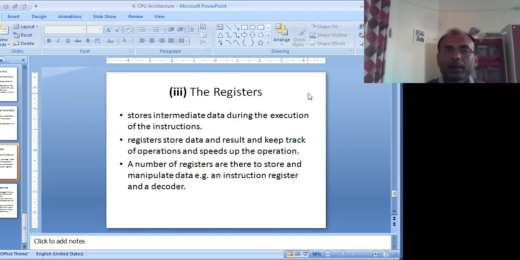Registers are again very fast and very small memory, which stores the data, instructions, results, and any other information needed by the CPU during its processing. So there can be many registers inside the CPU, and names can be different depending on the CPU. Registers will be directly connected with the internal components of the CPU.